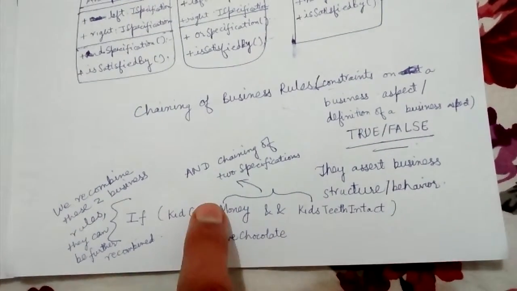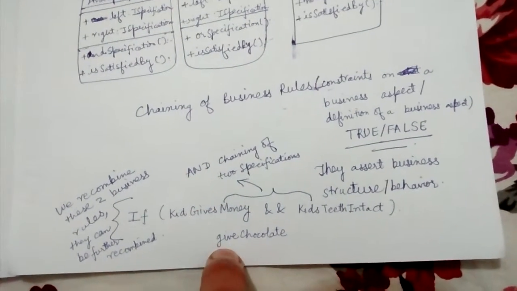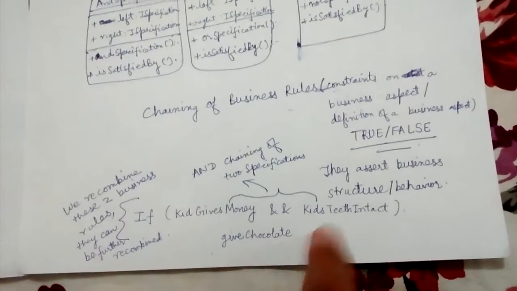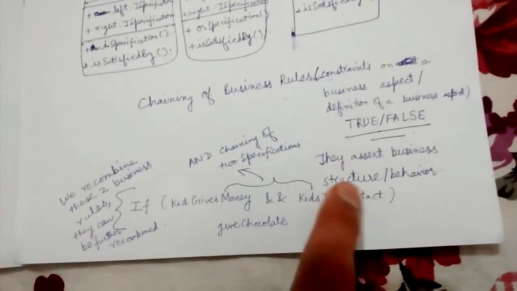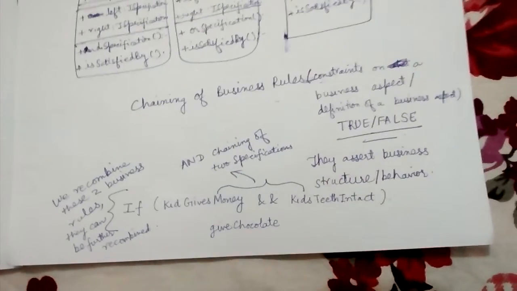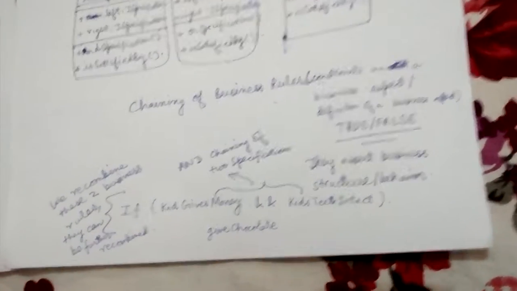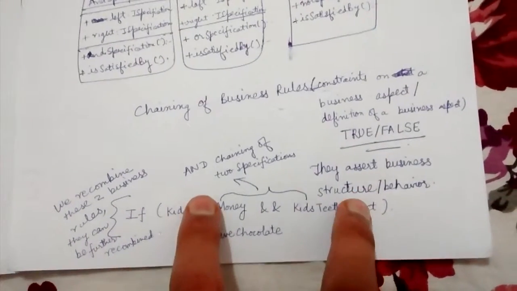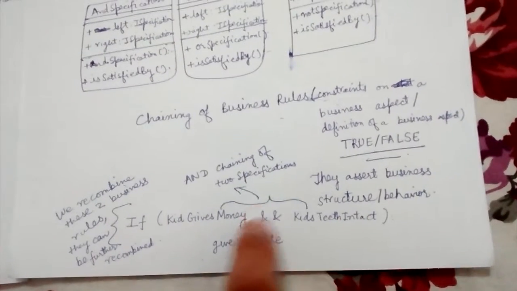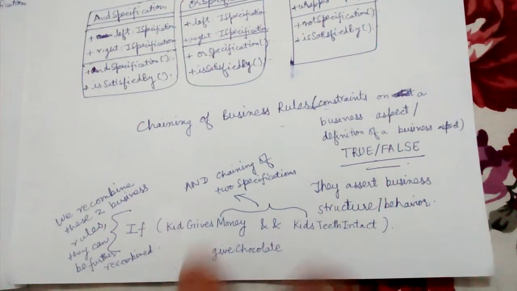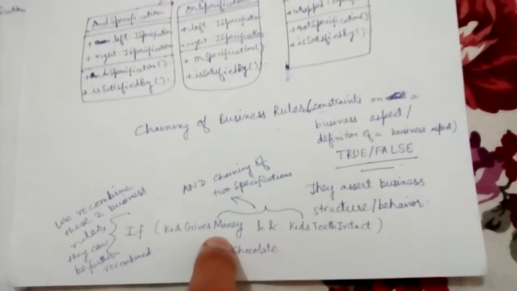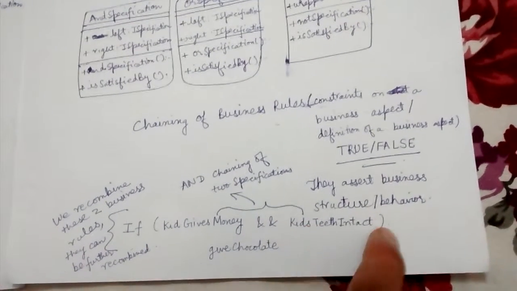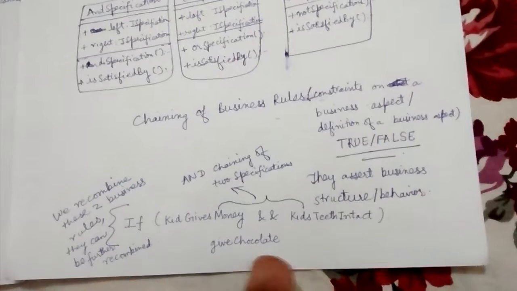So if the kid is giving me money, then I give him chocolate. This is one business rule. If the kid's teeth are intact, that is, the kid's teeth are good, then only I give him chocolate. This is another business rule. If I combine these two business rules using an AndSpecification, then what I get is a new rule which states that if the kid gives me money and the kid's teeth are intact, then only I give him chocolate.